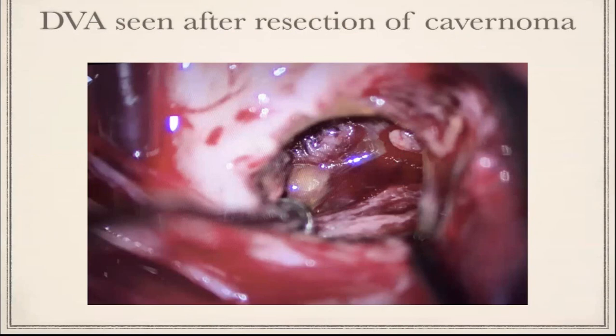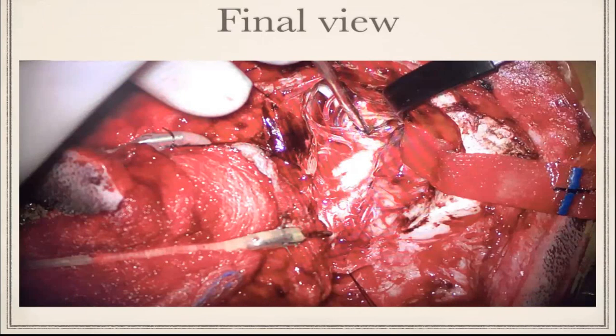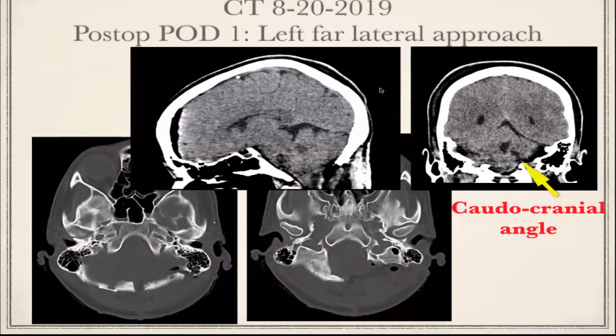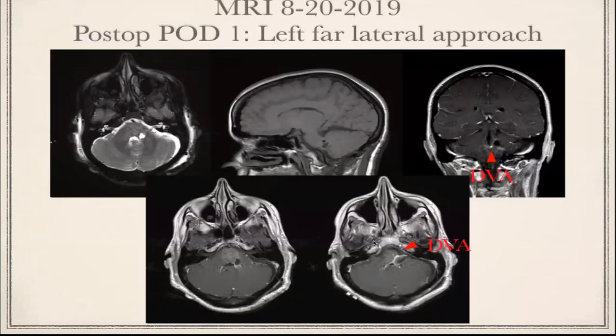After resecting the lesion, here is again far lateral approach. And post-op day 1, look at the caudocranial angle. This is what you get when you do a far lateral approach that you cannot get with anything else. From below, looking up. Here is her very nice DVA post-op preserved.